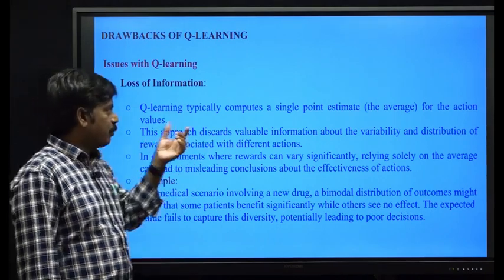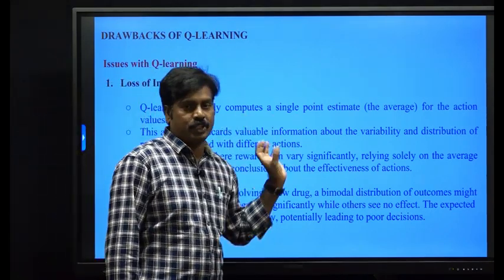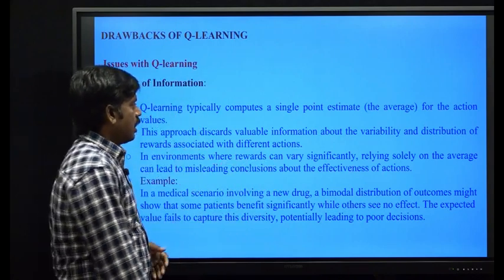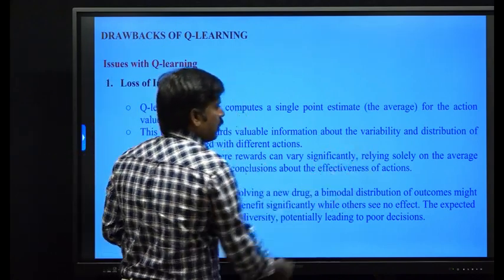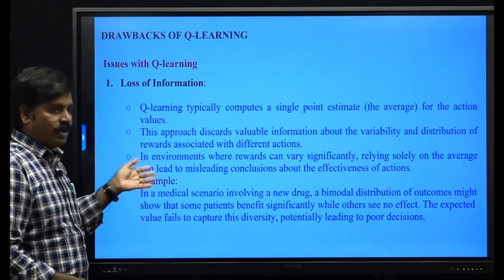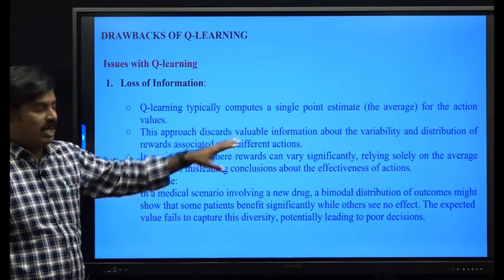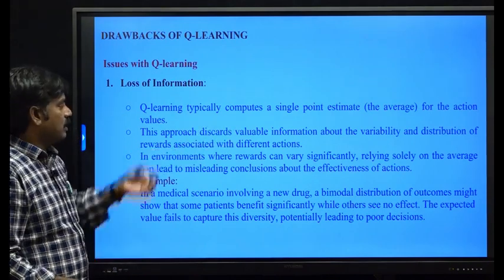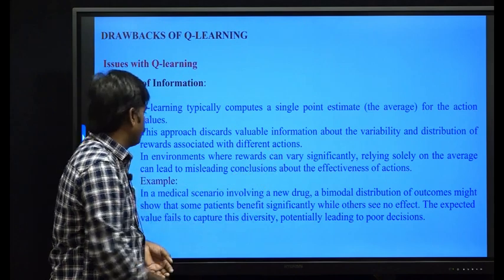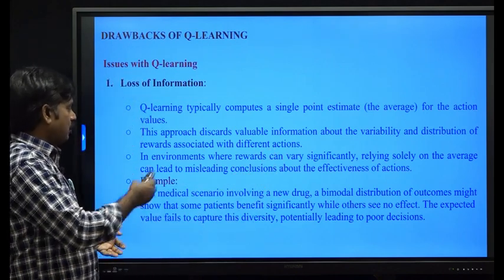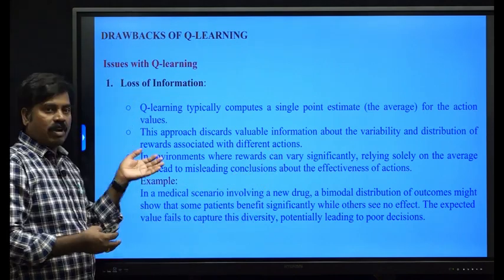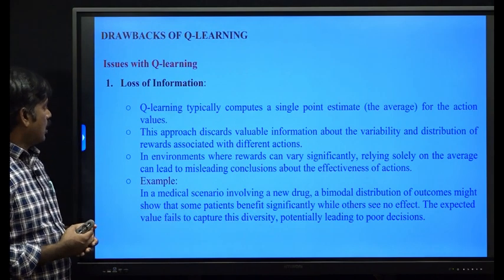So, we lose the information about the variability and distribution of rewards. That is one of the issues with Q learning.